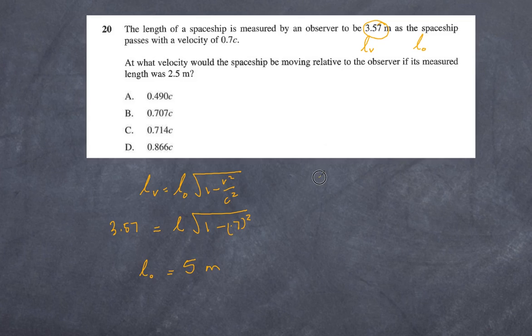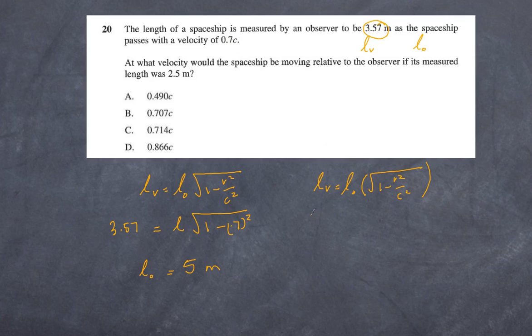We now have a new contracted length, our LV, is equal to L naught multiplied by, again, the square root of 1 minus v squared over c squared. And again, what I can do is replace this with the ratio of the speed relative to c, and we're going to call that x.